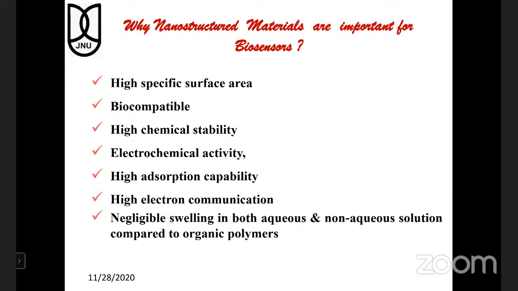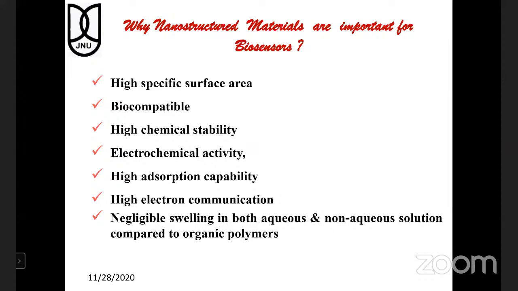Some of these nanomaterials, like semiconductors and RGO, are electrochemically active. Electrochemically active nanomaterials also help to provide higher sensitivity, and due to their high absorption capacity, they also increase the stability as well as the sensitivity of a biosensor.